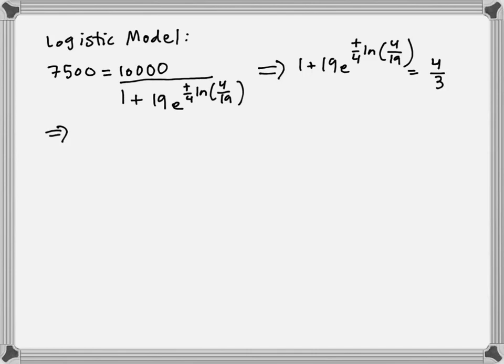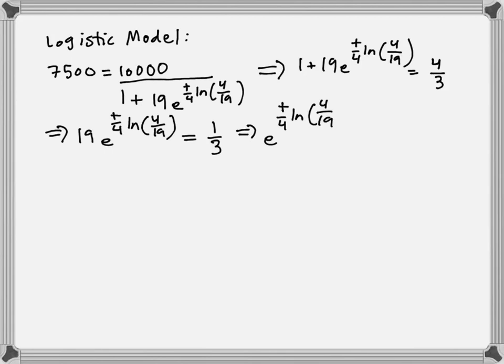So you end up with 19 e to the t over 4 ln of 4 over 19 is equal to 1/3. From here, we're going to divide both sides by 19. This gives us e to the t over 4 ln of 4 over 19 is equal to 1 over 57.